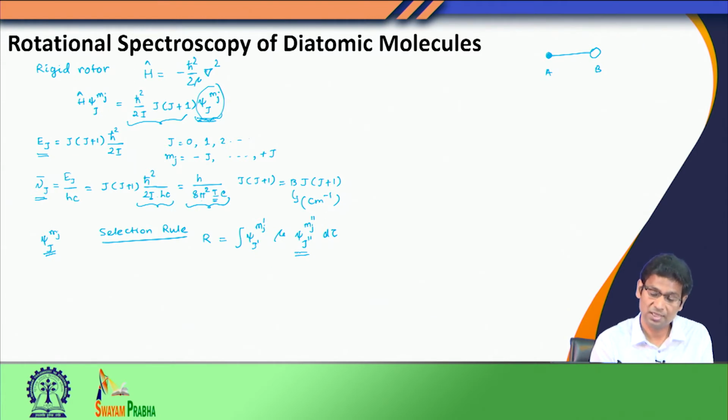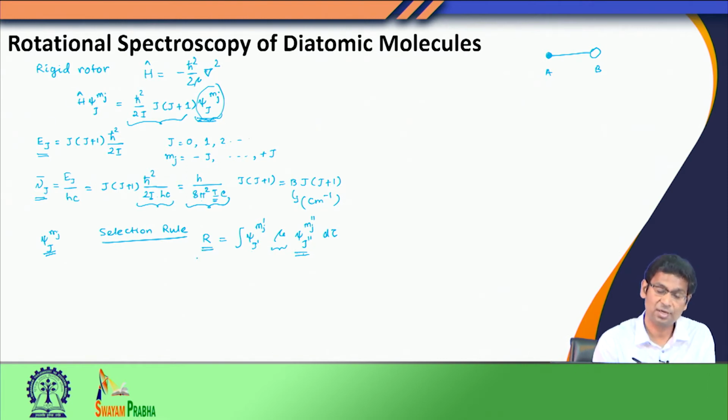When I make a transition from the initial level to the final level, the electric dipole moment of the molecule would assist the system to communicate with the electromagnetic radiation and therefore have this transition.